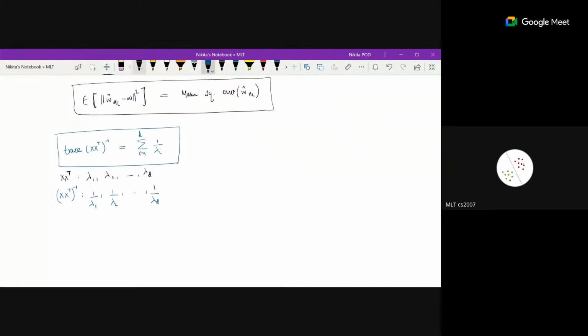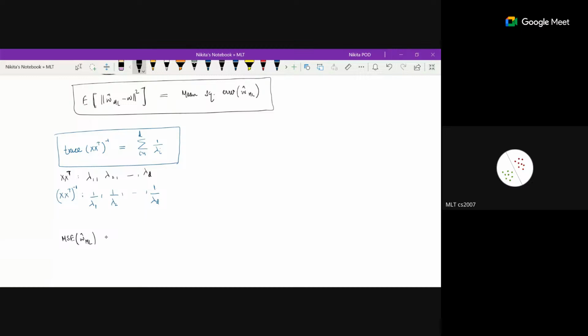So what do we get for my expectation here? Let me write the mean square error of W hat ML. In general, we always want the mean square error to be as low as possible.